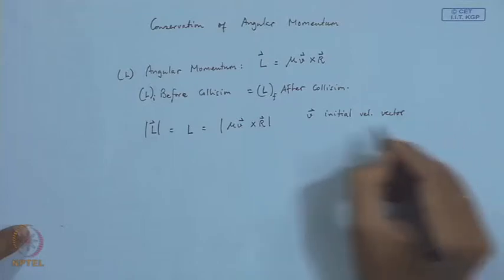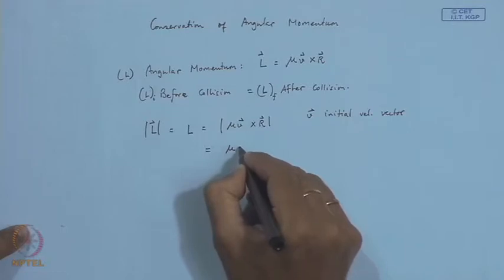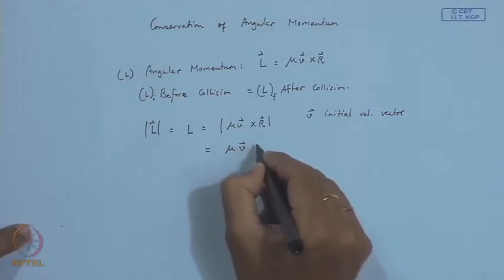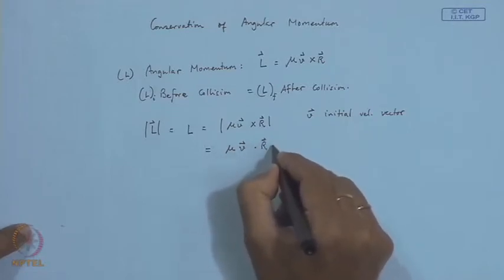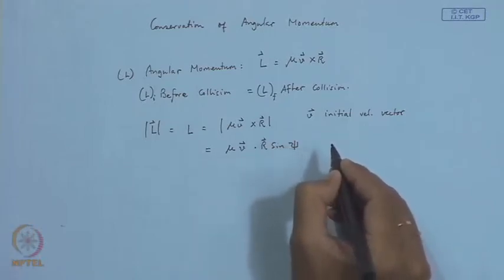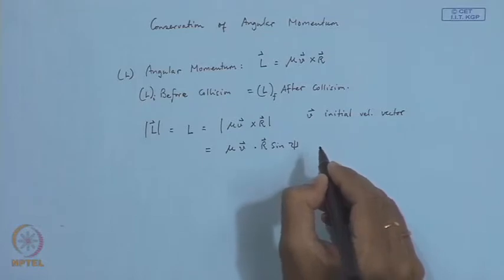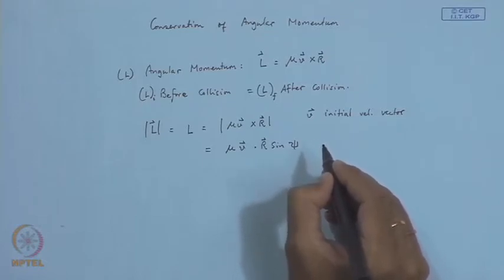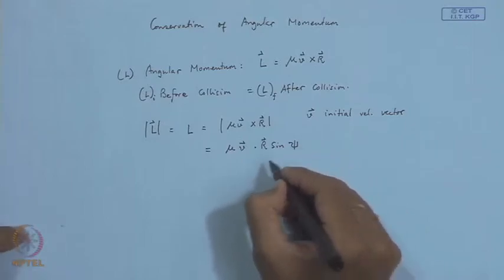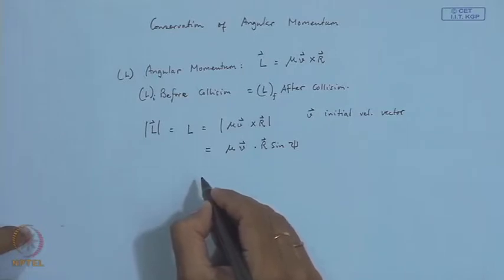Which is mu v dot r sin psi. Now, this is one expression. You can write L in this way. And what is B?